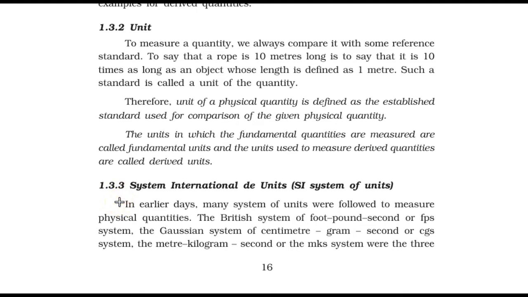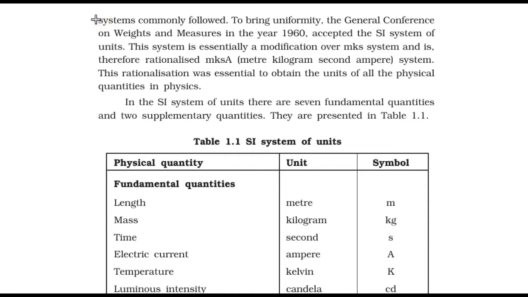In earlier days, many systems of units were followed to measure physical quantities: the British system of foot, pound, second or FPS system, the Gaussian system of centimeter, gram, second or CGS system, and the meter, kilogram, second or MKS system. These three systems were commonly followed.